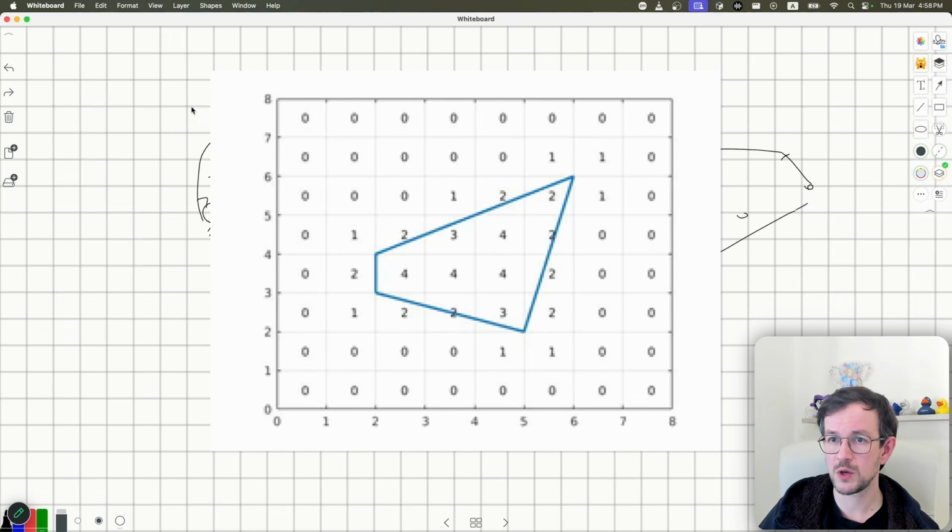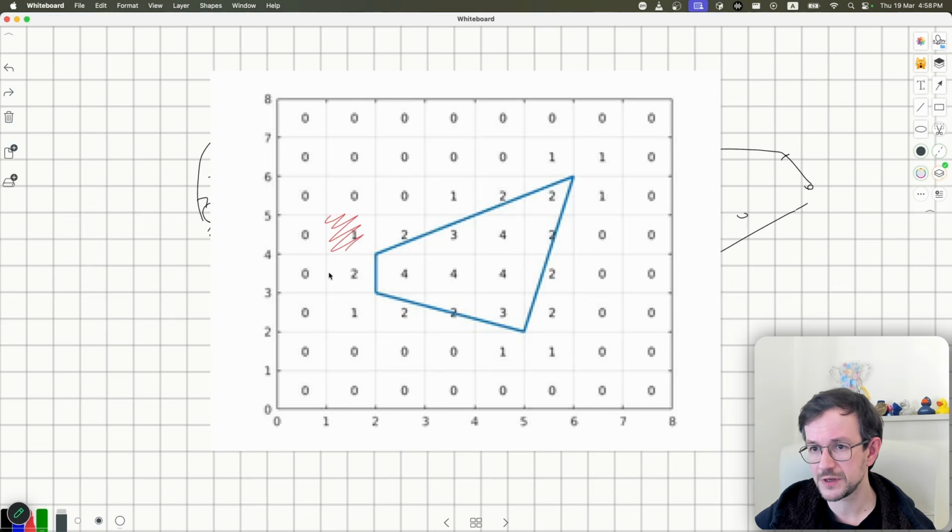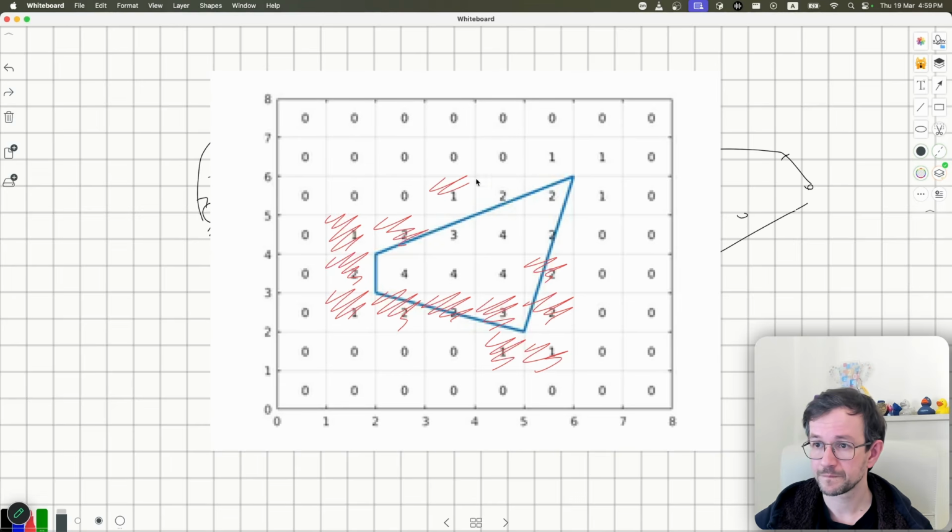They only tell me which cells have 1, 2, or 3. So they give me these cells. They give me indices of all the cells which can intersect the border.